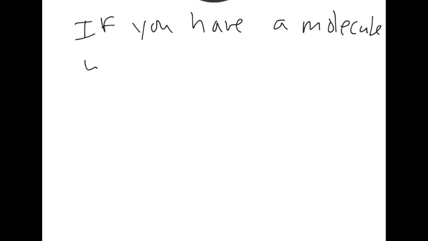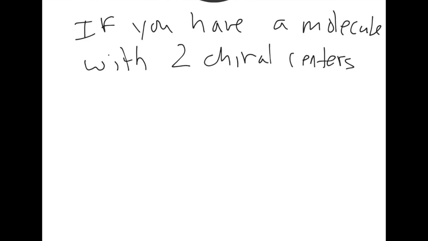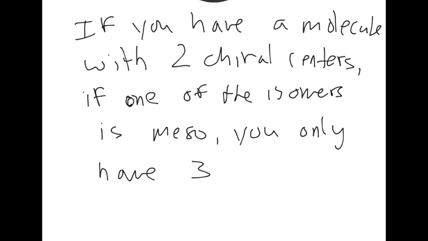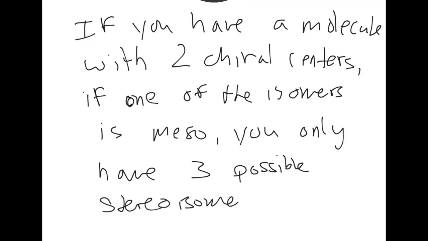So if you have a molecule with two chiral centers, and one of the isomers is meso, you only have three possible stereoisomers.